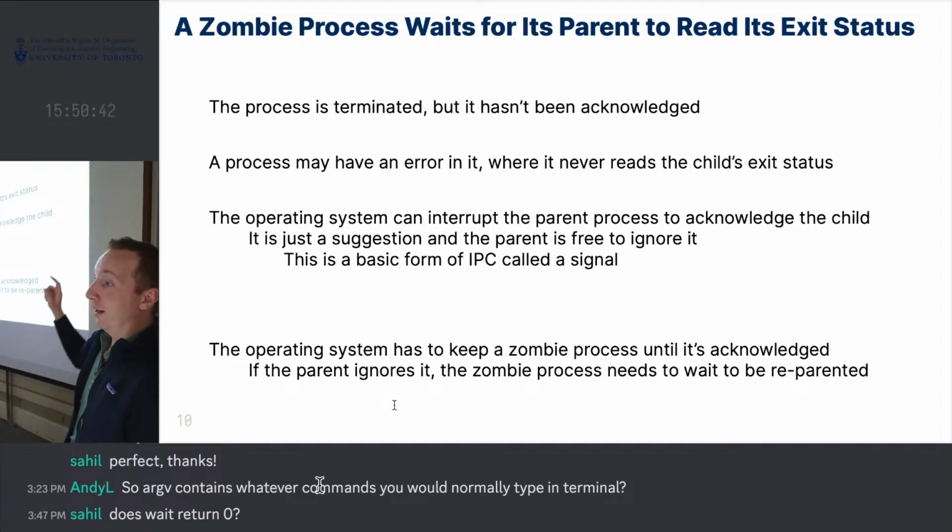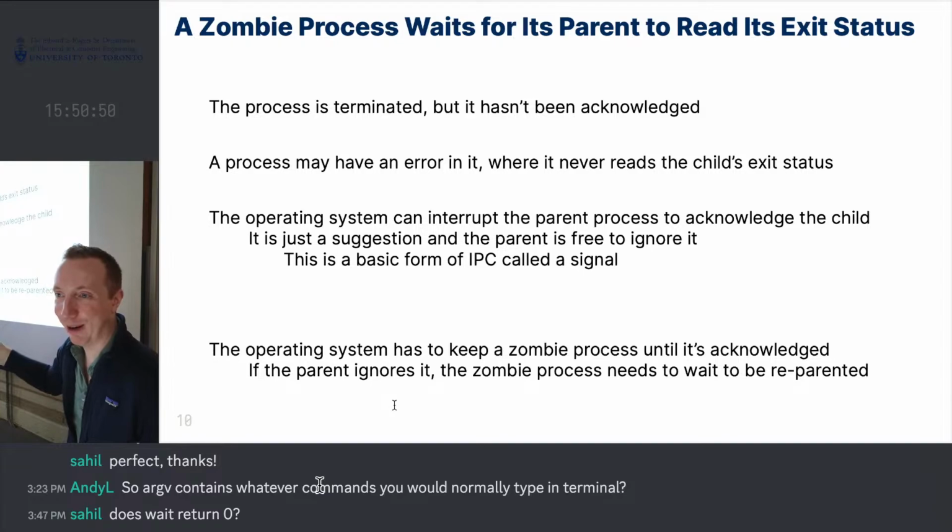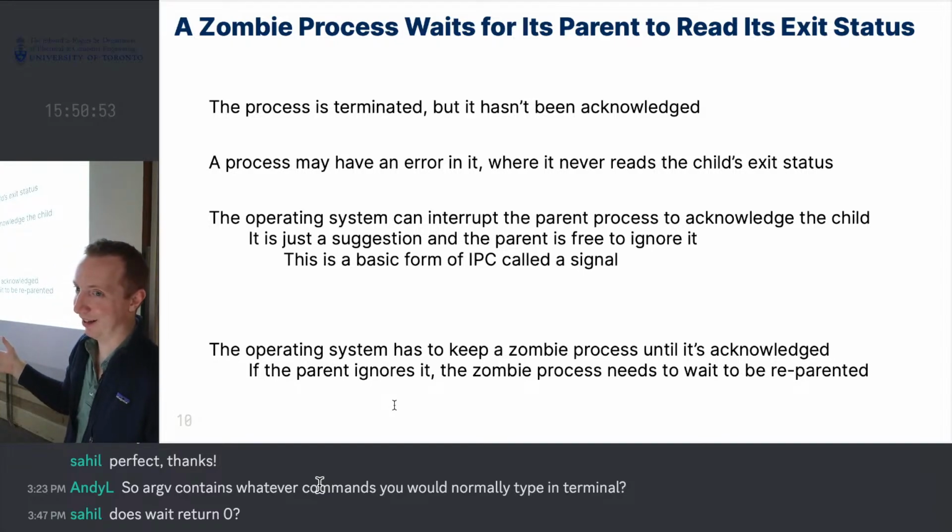So waiting, you can only wait on your direct children. Why I say direct is because you're the only one that can create processes, so you know how many you make, right? But what if the user is controlling how many? Still, the user is interacting with your code. Your code's still making the processes.